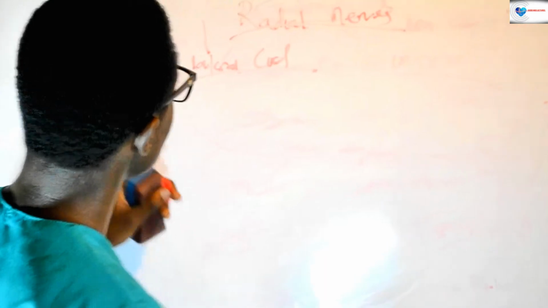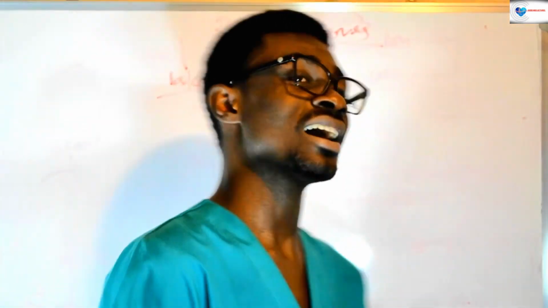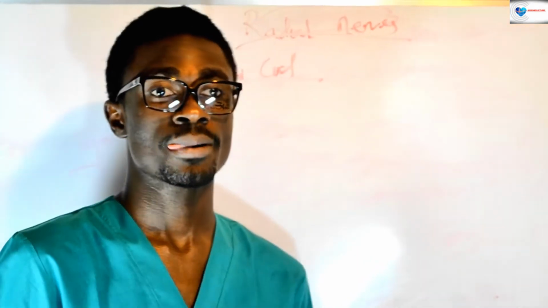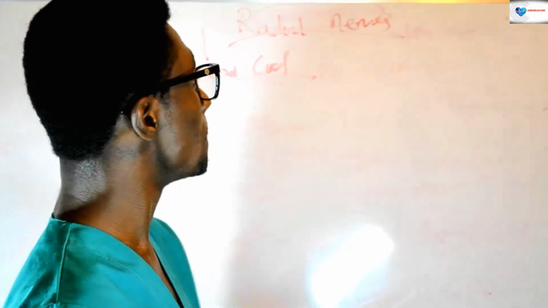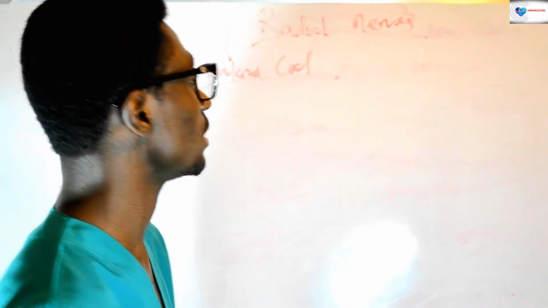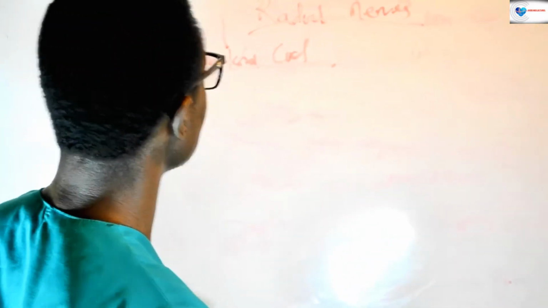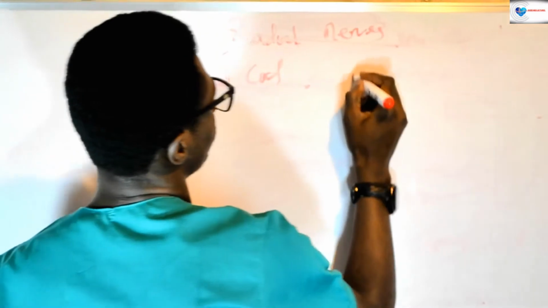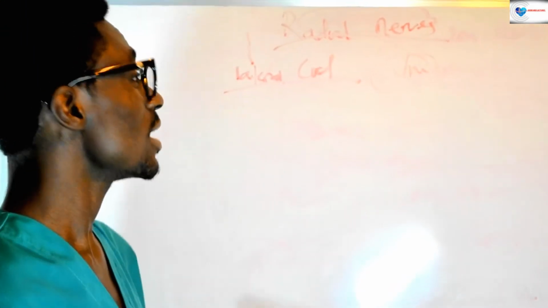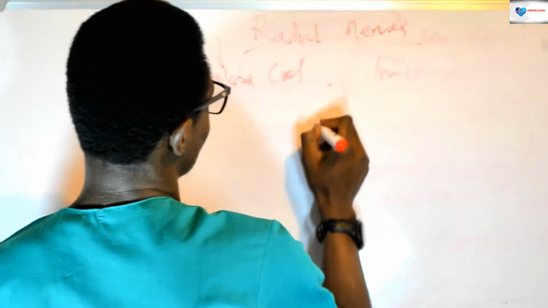Okay, now this particular radial nerve, just like we usually describe the topography, we usually describe the topography based on the regions. You understand what I'm saying? Okay, this particular radial nerve in the arm, what happens to this guy? Okay, you know that in the arm we have what is called the radial canal, right?